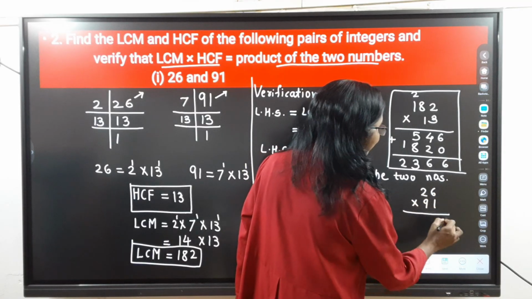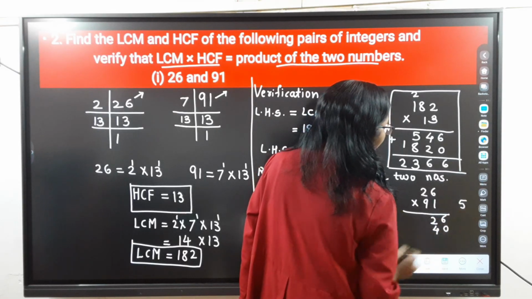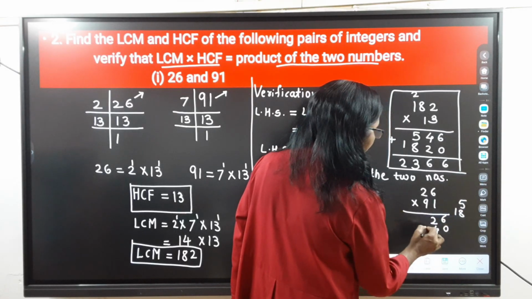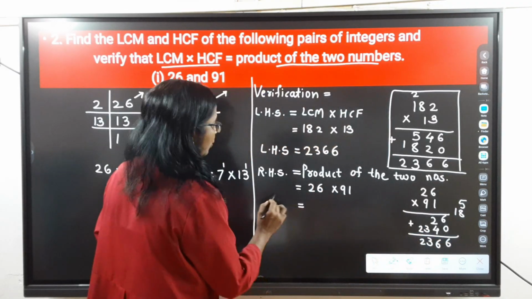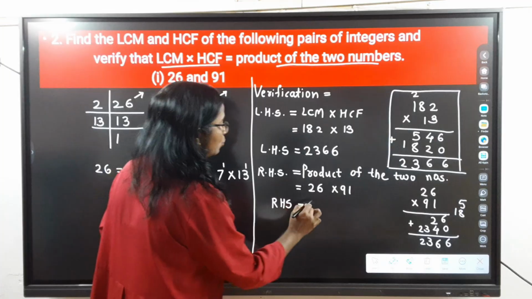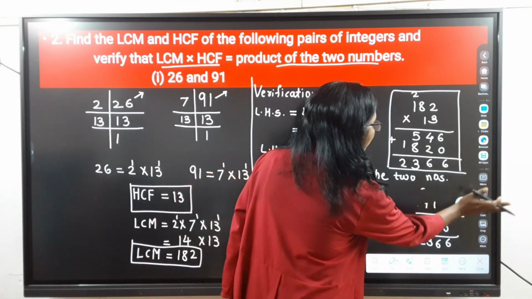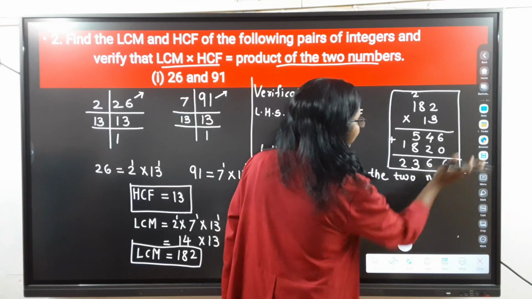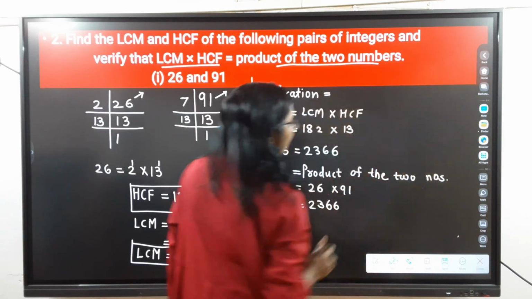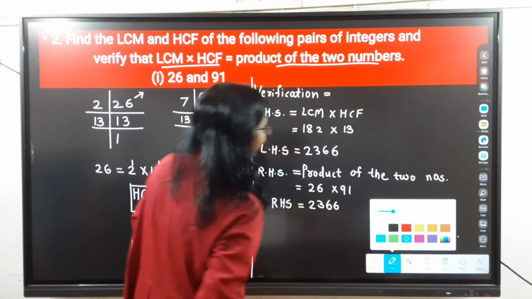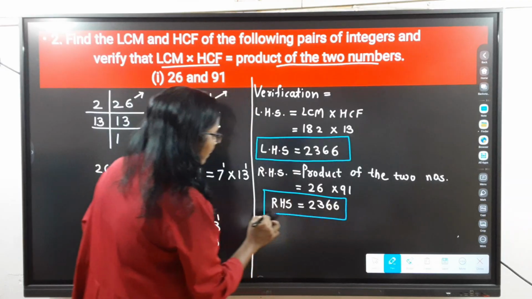So here students 6, 2, then 0, 54, then 18 and then 23. So here 2366. Yes students, so RHS is equal to 2366. Now see here that the LHS and the RHS are equal.